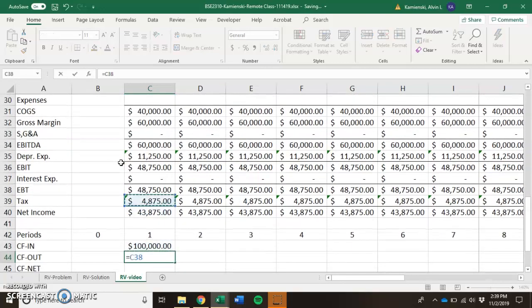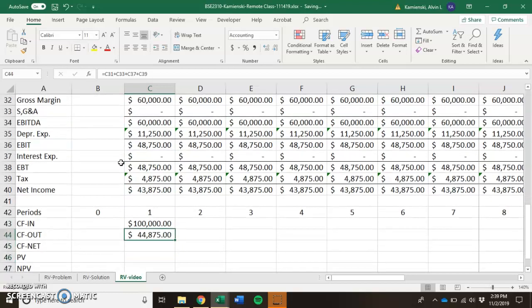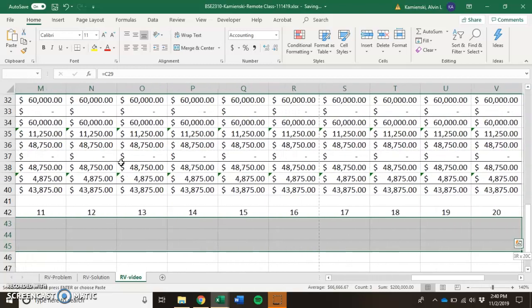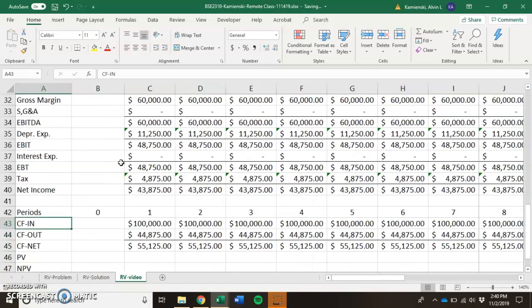Cash flows out are equal to our cash expenses, which would be the COGS plus any SG&A plus any interest plus any tax. Cash flows net is then equal to in minus out. And we can copy and paste that all the way across since the formula structure remains the same.